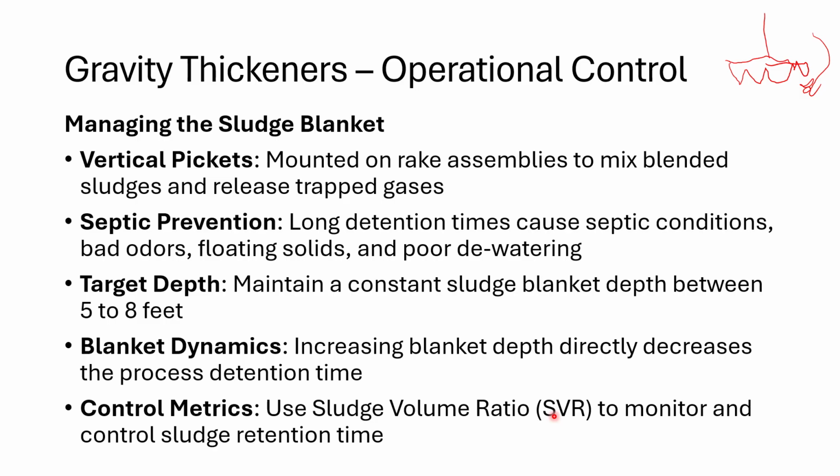We're either going to calculate a sludge volume ratio or a sludge volume index. But that's what's going to allow us, by keeping those two parameters, sludge volume index and sludge volume ratio, in a certain range or set of values, to help us manage our sludge blanket. I encourage you, read ahead in this manual, take a look at the mathematics chapter, play with some of the numbers. This is not a difficult number, neither is the sludge volume index to calculate, but I strongly encourage you to take a look at that, okay?